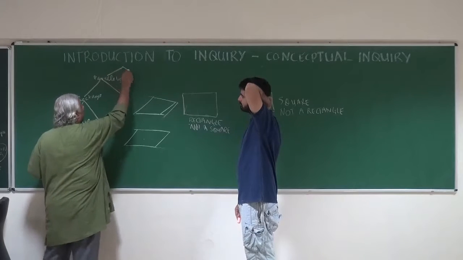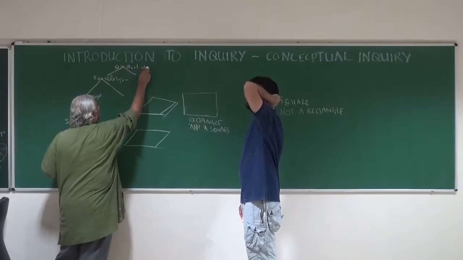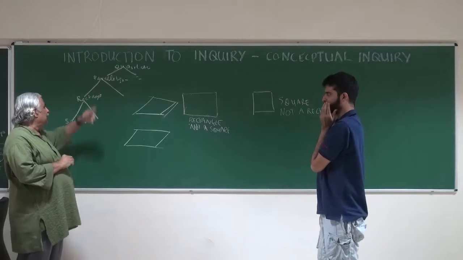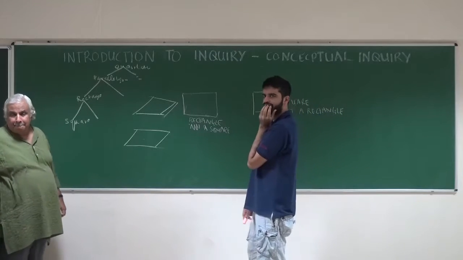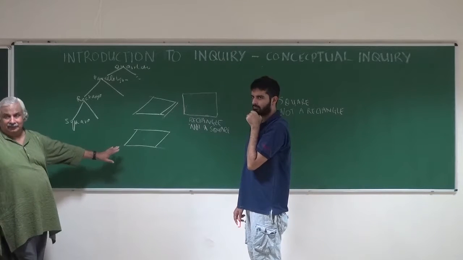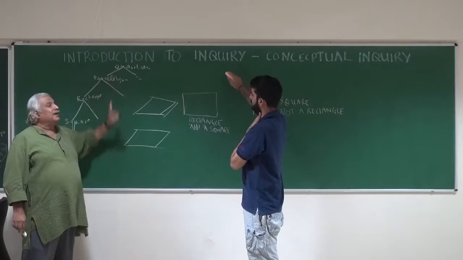And the parallelogram is a quadrilateral, and there are other kinds of quadrilaterals. Can you say a quadrilateral is a type of polygon? Quadrilateral is a polygon. Everybody would agree on that. There are many different types of polygons, and quadrilateral is one of the types of polygons.